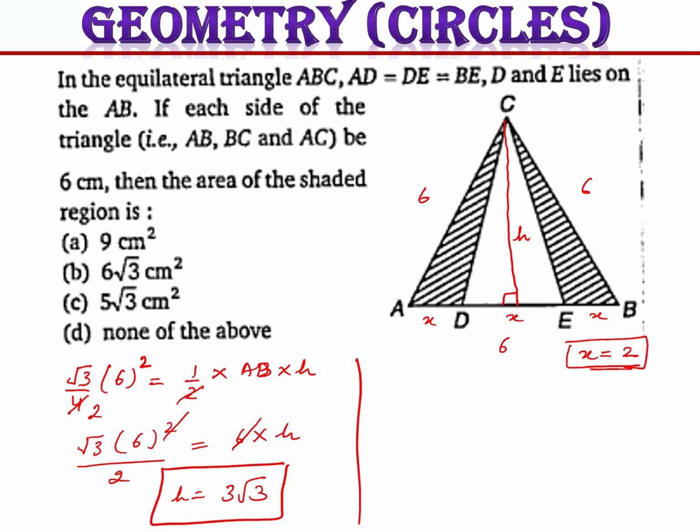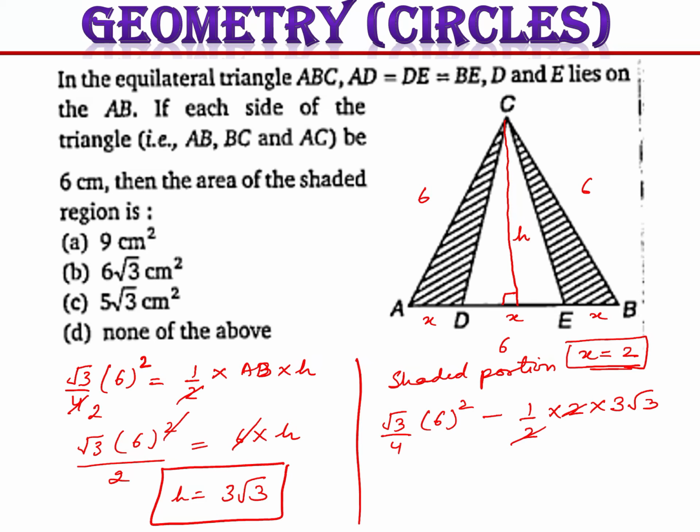Now area of the shaded portion will be equal to area of the triangle ABC, which is root 3 by 4 into 6 square, minus half into base into height. Base is DE, which is 2, and the height is 3 root 3. So this cancels.